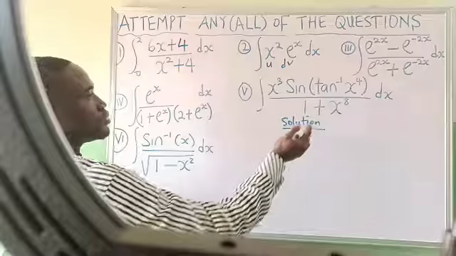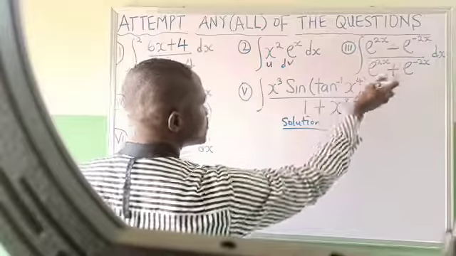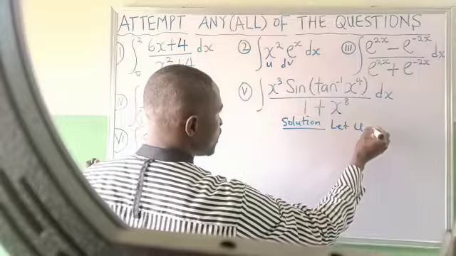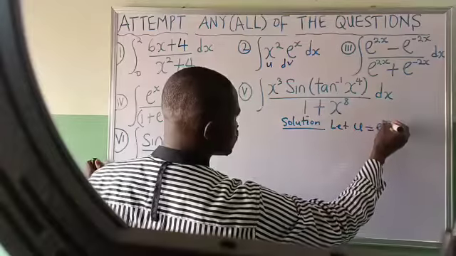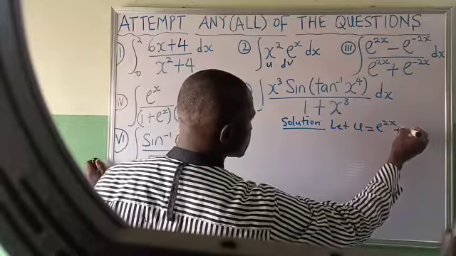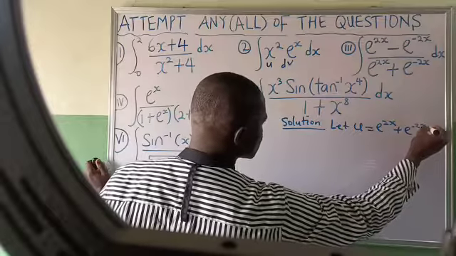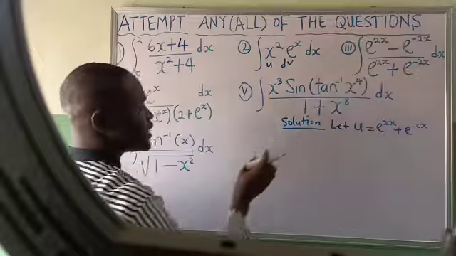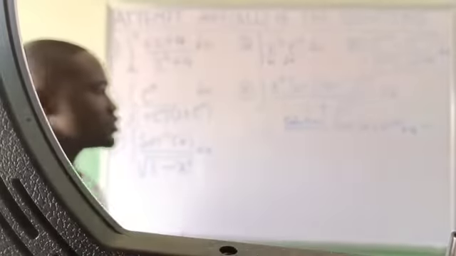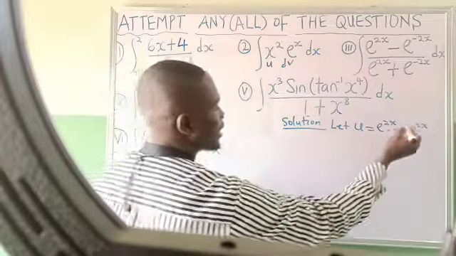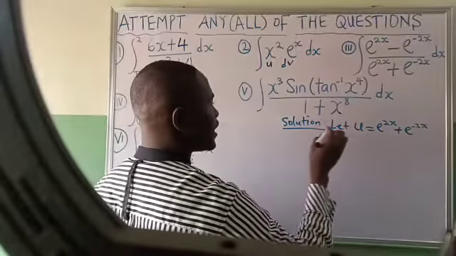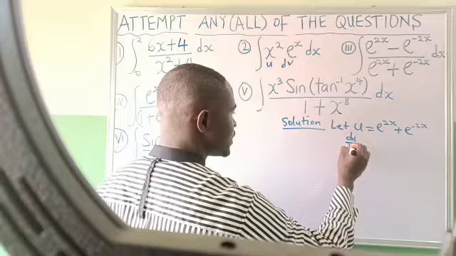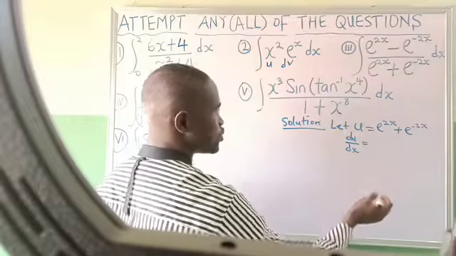Now, in this question you see, let u be equal to exponential 2x plus exponential minus 2x. So let u be the denominator. See, what you are seeing up, you are seeing down, they only differ by a minus. Let's see what we can get from there. We now say that if I differentiate that u, what am I going to get?